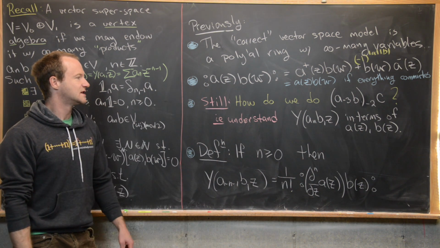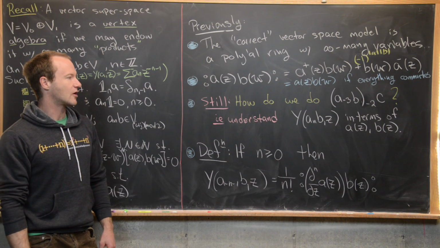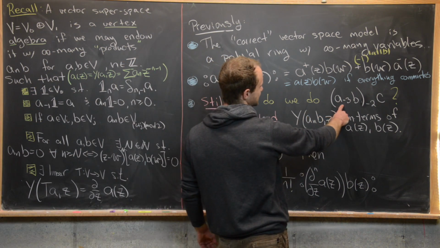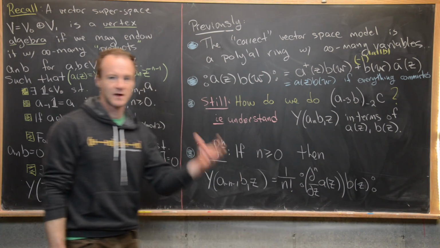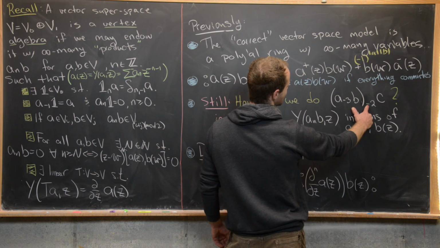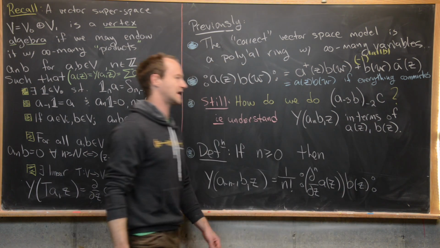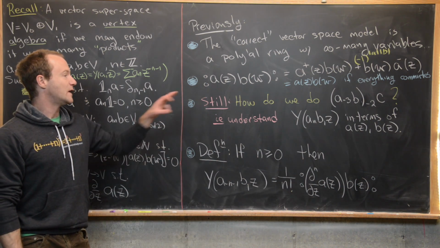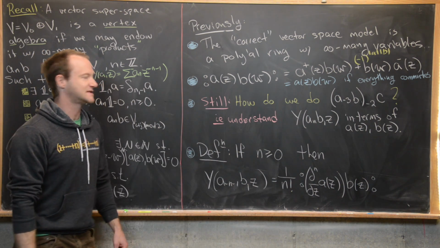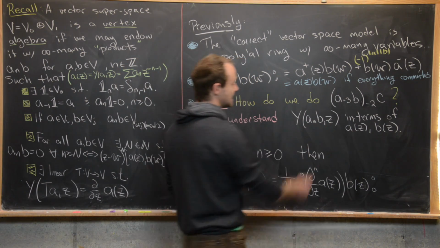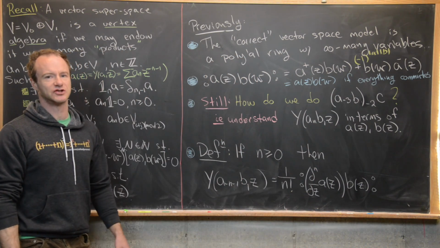Okay, so next, we still have to figure out how to work with objects like this. What if we take the negative third multiplication of A with B, look at that element, and then take, for instance, the negative second multiplication of that with another vector C? It turns out that we can understand that by understanding the vertex operator defined by A(n)B(z), where n is just some integer.